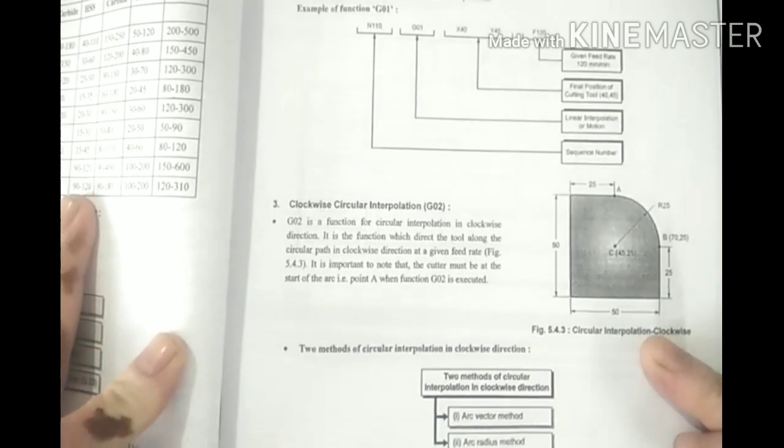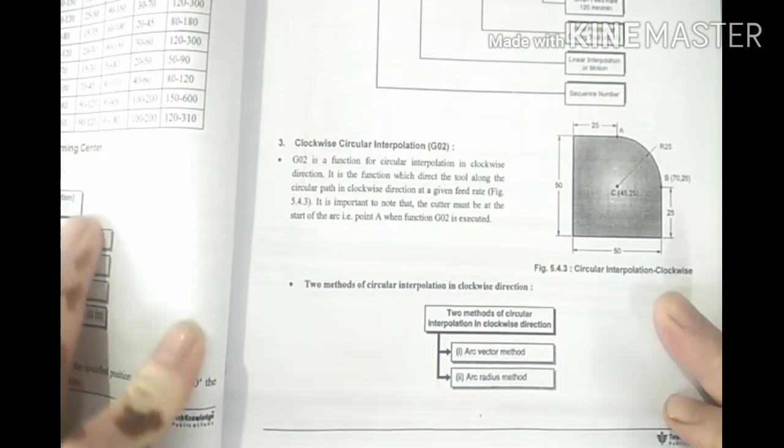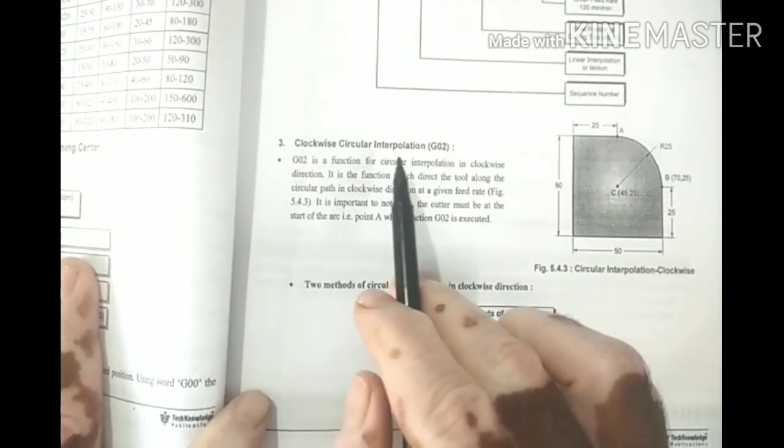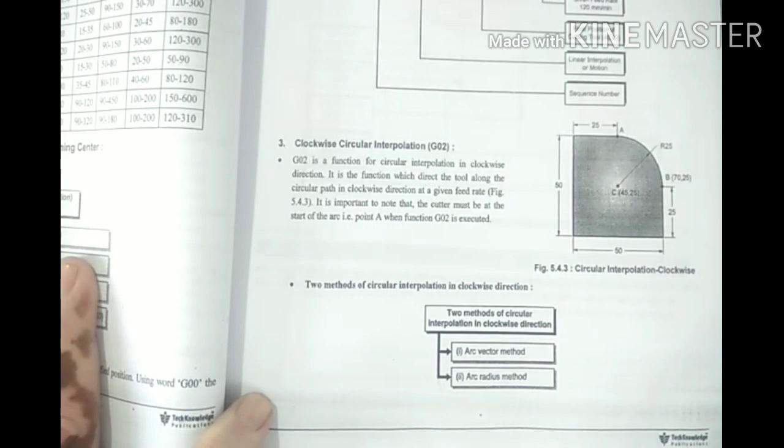Then circular interpolation clockwise. Circular clockwise interpolation is indicated by G02. G02 is a function for circular interpolation in clockwise direction. It is the function which directs the tool along the circular path in clockwise direction at a given rate.